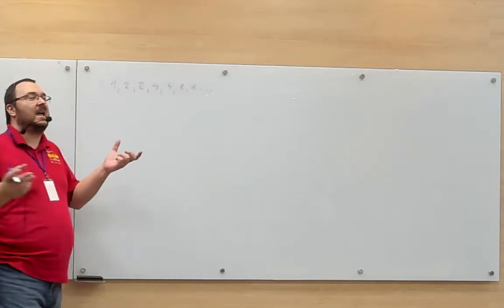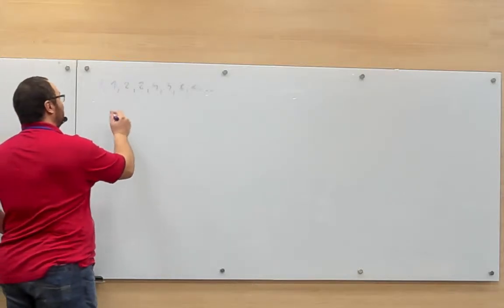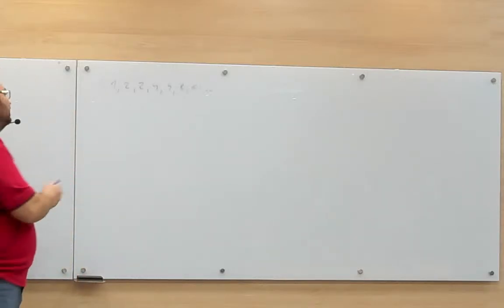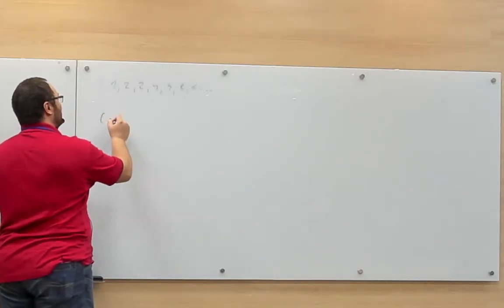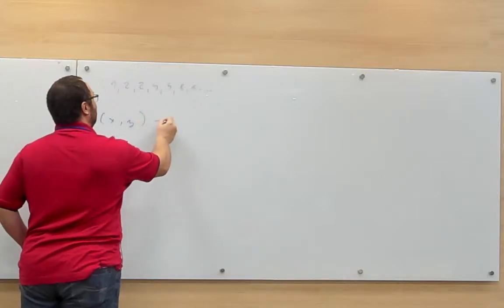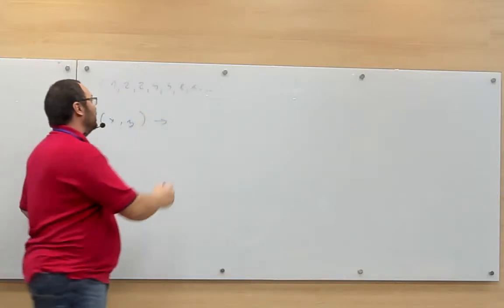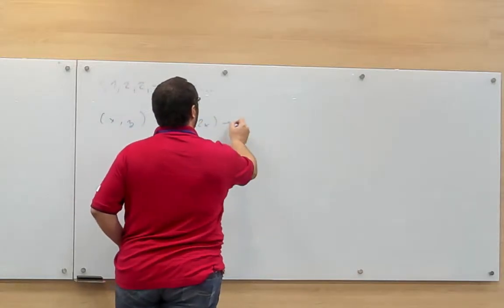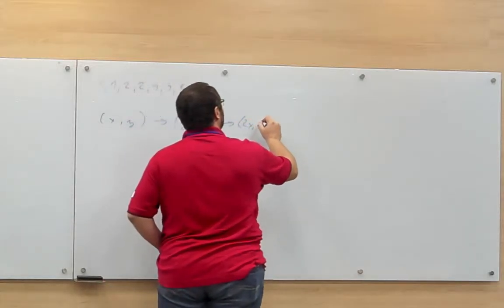Well, we need a state of size 2. So you have x and y. From x and y, you will go to y and 2x. And from y and 2x, you will go to 2x and 2y.